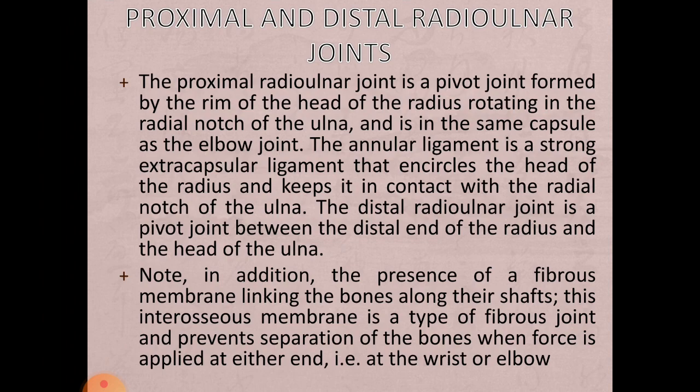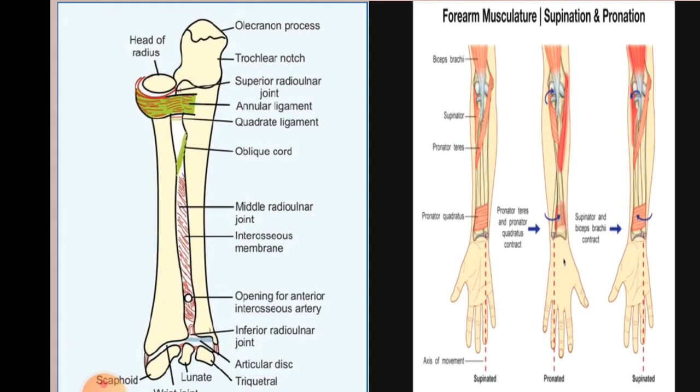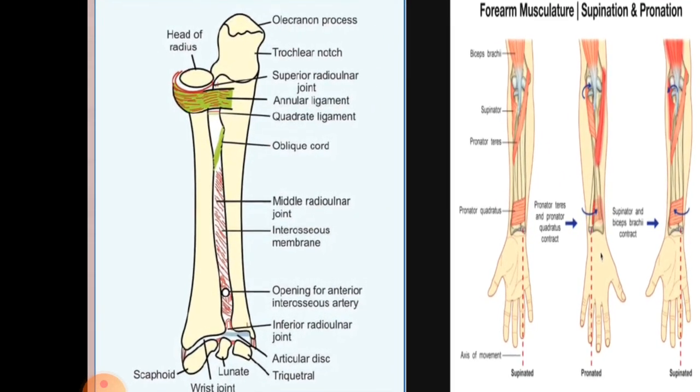Next we have the proximal and distal radioulnar joints, and here you can see how they are formed. Proximally, this is the head of the radius that is accommodated by the ulna.